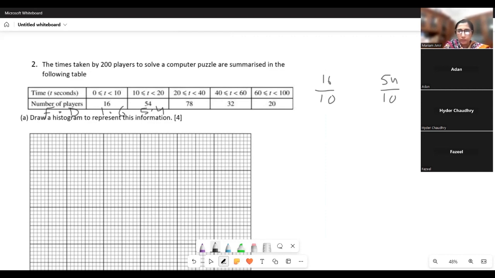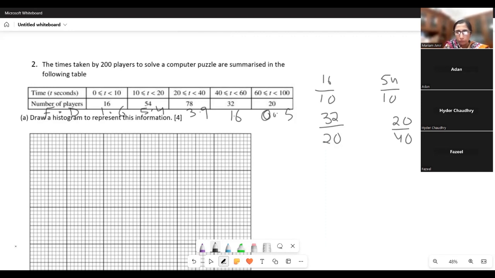Then 78 upon 20, which is 3.9. Then frequency 32 over class width 20, so 32 by 20 is 1.6. And then frequency is 20, class width is 40, so that's 0.5.